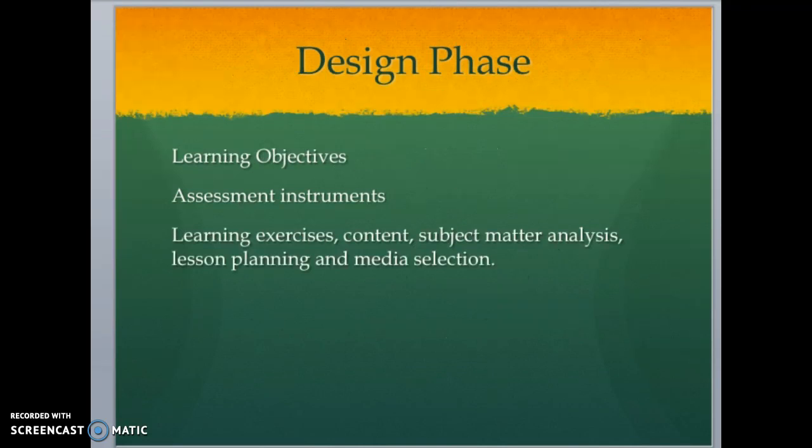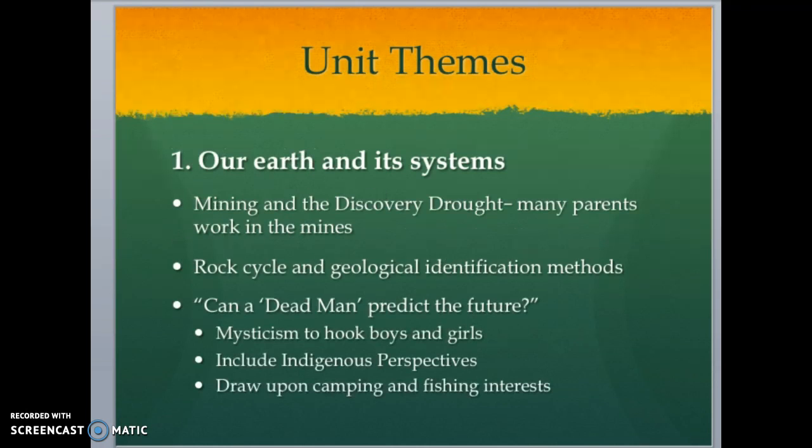So in the designing phase, which looks at learning objectives, assessment instruments and the different ways of teaching, I really tried, with my contextualisation of the units, to draw upon the kids' interests in their locale. With the major themes, the first one, Our Earth and its systems, in my work program I have focused on mining and the discovery drought, as it's called, the fact that a lot of the mining ore bodies have been found already and have been exhausted.